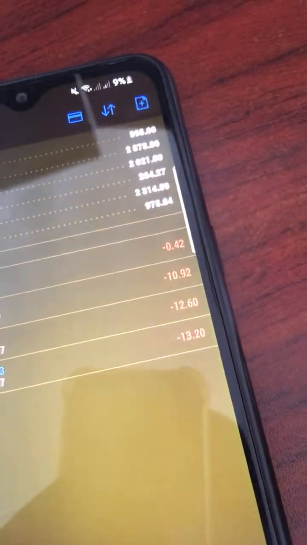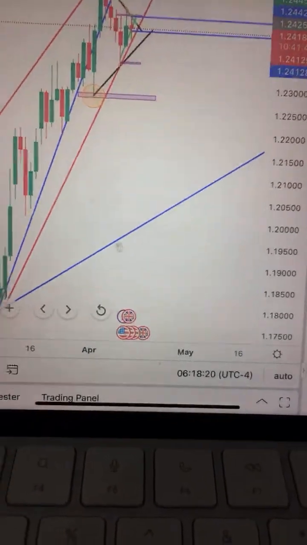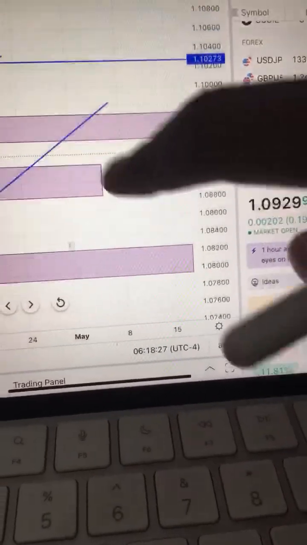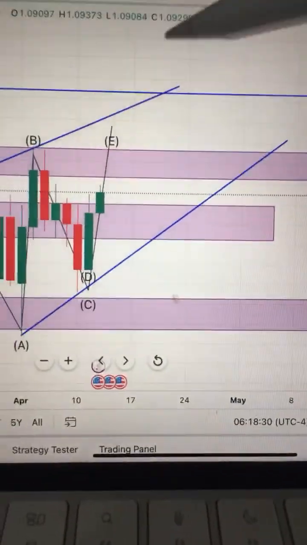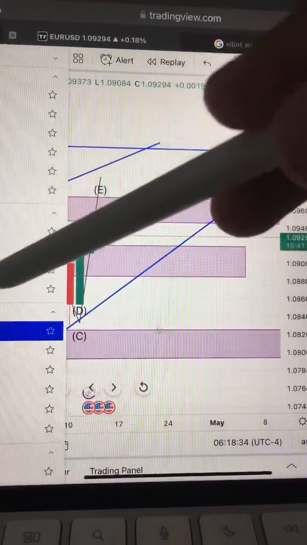This is my trade for Gbpusd. At the moment I'm running at 15 USD loss, so yeah, it's good, and I'm holding. Let's go back to our Euro USD setup. This is our Euro USD setup, and this is what we have. Let's check on H4.